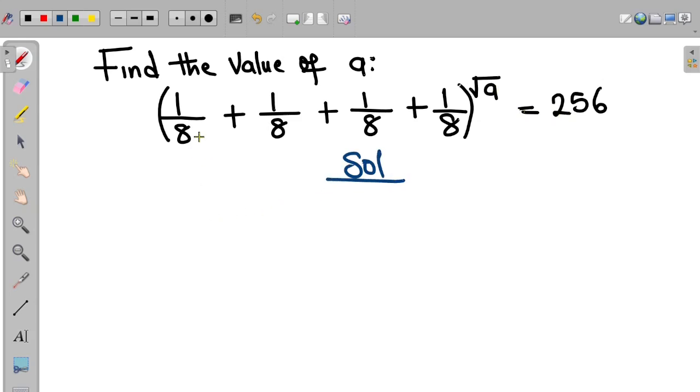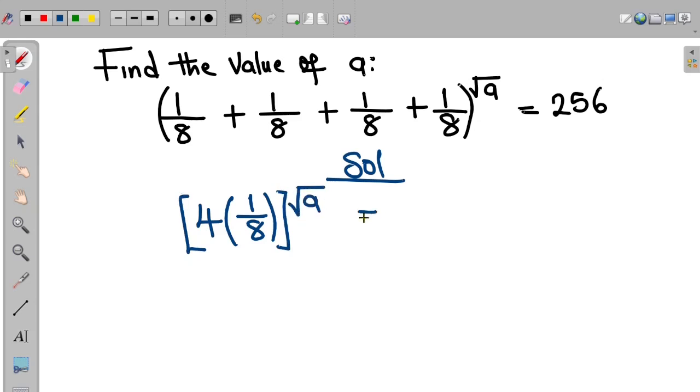So we have 1 divided by 8 in 4 places. If we add it, we are going to have 4 multiplied by 1/8, and everything here is enclosed in a bracket to the power of root a equal to 256.